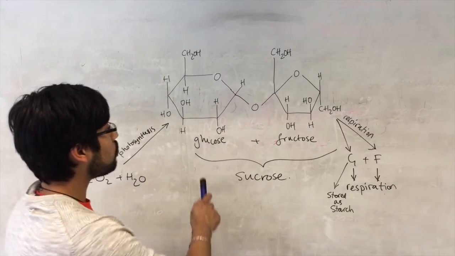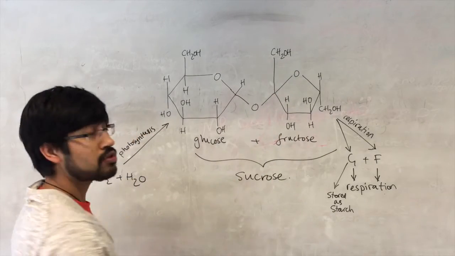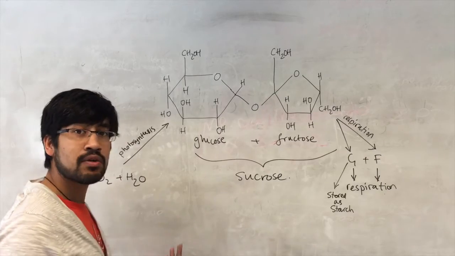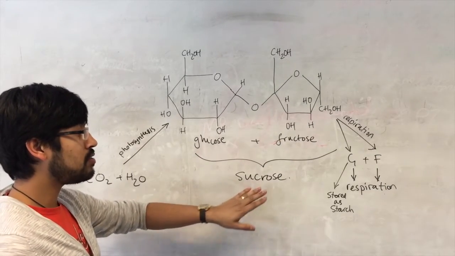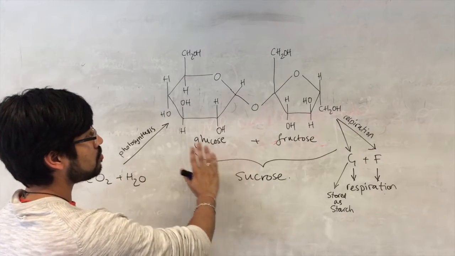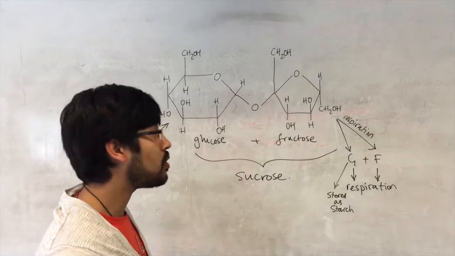So the formation of sucrose is one way to stop that from happening, and what I really wanted to get across was why do we bother with sucrose anyway? Why is sucrose formed? Essentially, it's a way to prevent any formed glucose from being respired straight away.